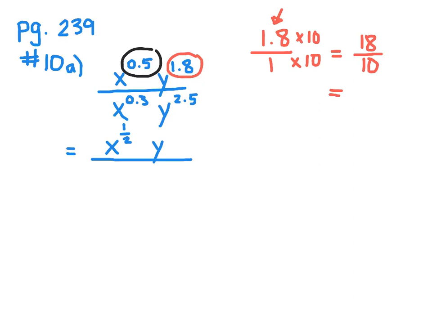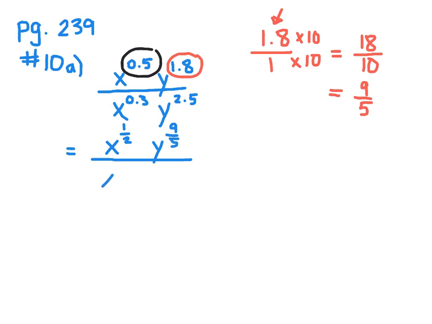Both top and bottom are divisible by 2, so 18 over 10 is the same as 9 over 5. And of course, if you do 9 divided by 5, it actually is 1.8. So this is 9 over 5.